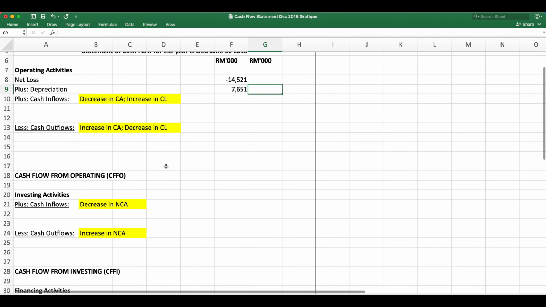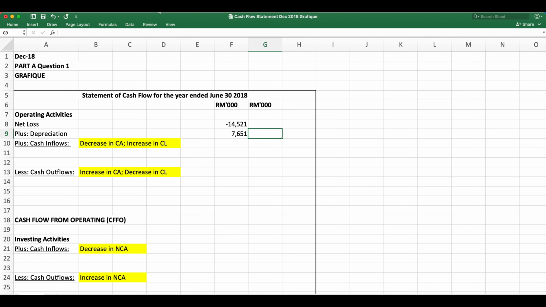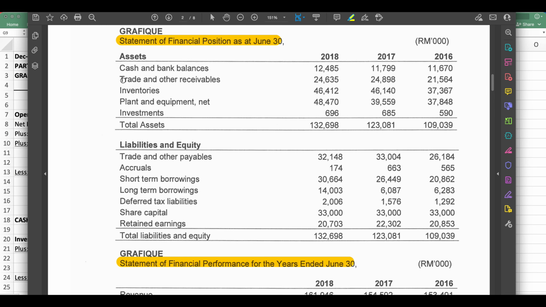So now we are going to check current assets other than cash and balances. Here we can see the trade and other receivables. It's a current asset. We look at the comparison between year 2017 and 2018, whether the figure is increasing or decreasing.